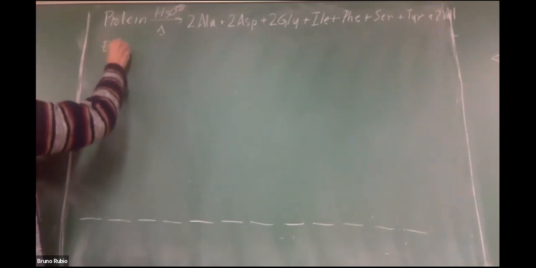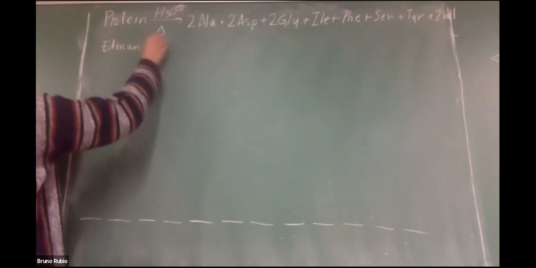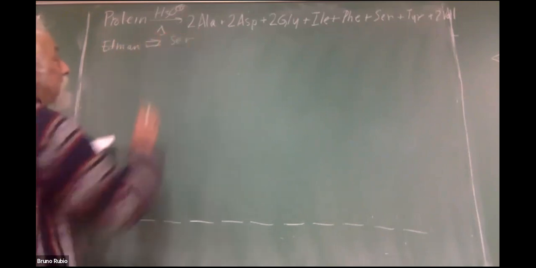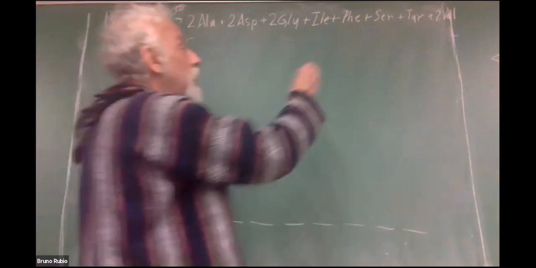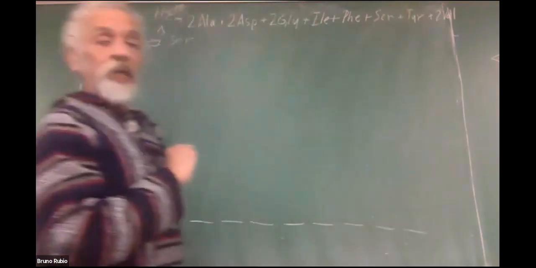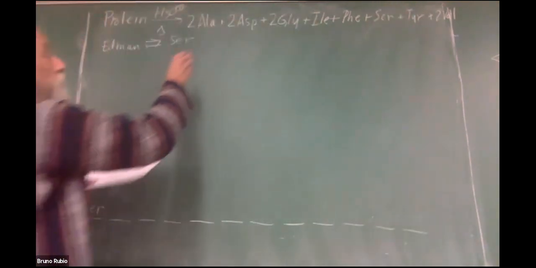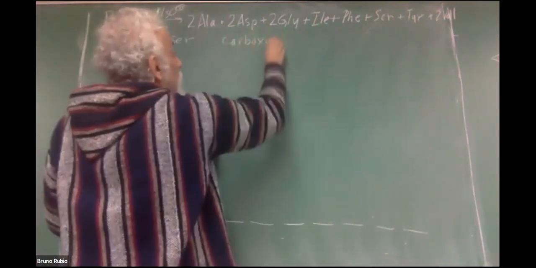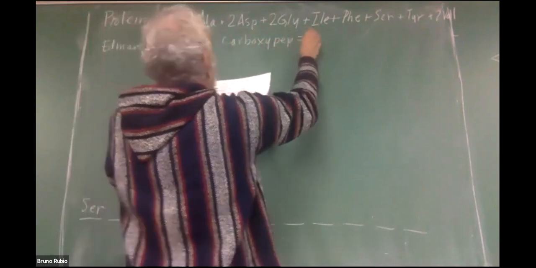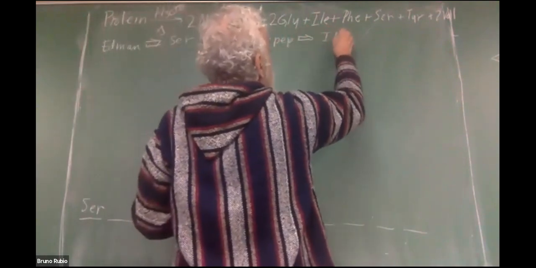Edman liberated serine. All right, and Edman is telling you what the N-terminal amino acid is, so we can immediately write serine there. We found a home for serine. Carboxypeptidase liberated isoleucine.